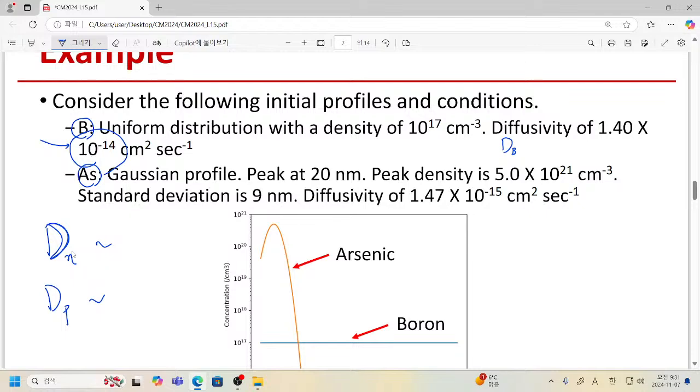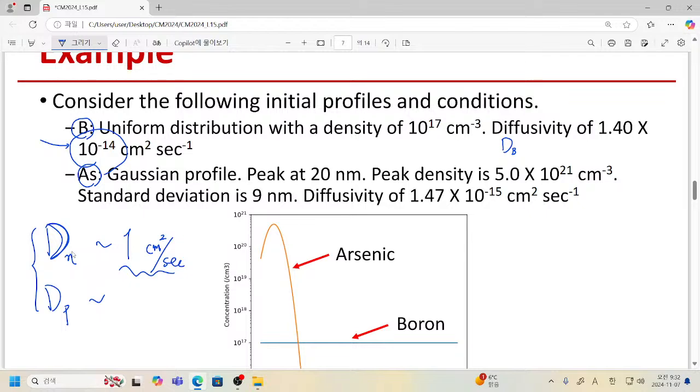The value would be just about 1 square centimeter per second, and of course depending on the situation this Dn value can be a little bit higher or a little bit lower, but the point is their orders of magnitude are just around 1 or 10 or 0.1, something like that.